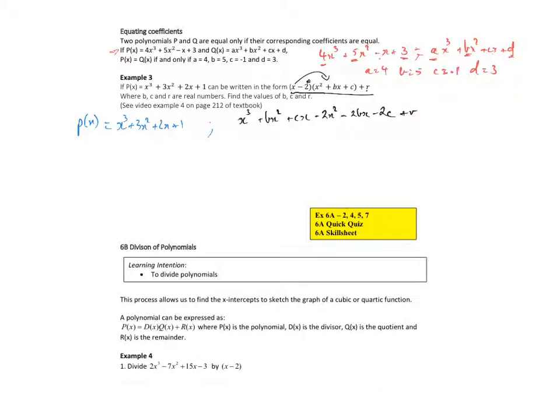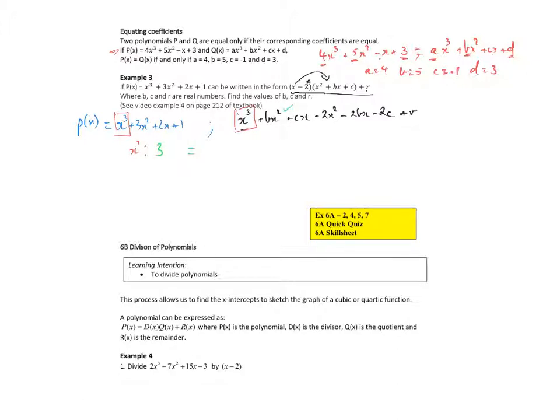So let's just get our x cubed terms here. There's only one. So I'll do it there. There's my x cubed term. That has to be the same as that one, so that doesn't really help me too much. What about my x squared terms? Pick a different colour. The x squared term here is 3, and that's got to equal these x squared terms.